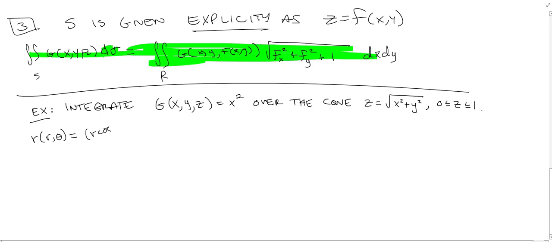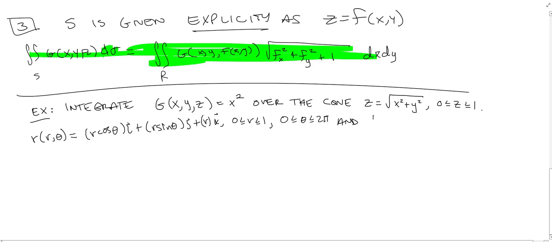So let's just go right into parameterizing this cone, and we learned about parameterizing a cone in the last video. So this could be our parameterization right here, and then this is our k. For this cone, we want r between 0 and 1, and then theta is going to be a full circle, so between 0 and 2 pi.